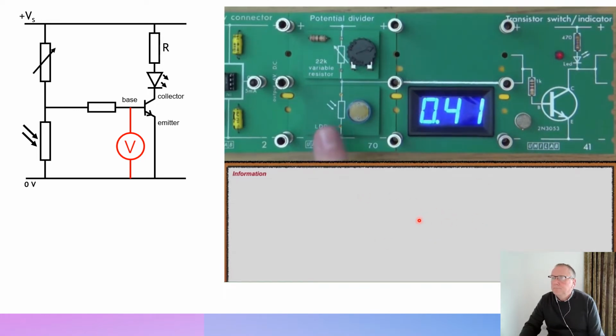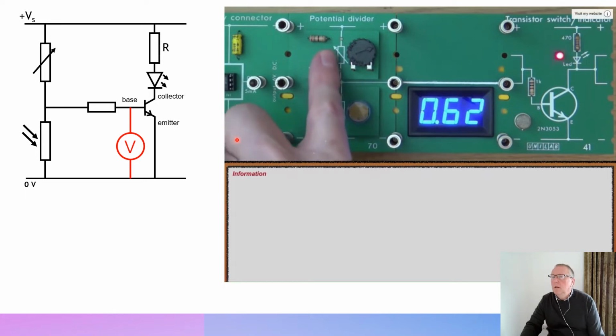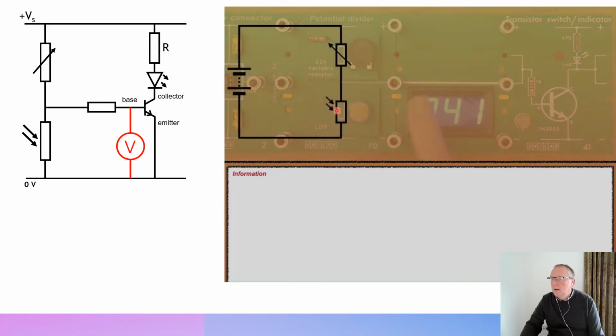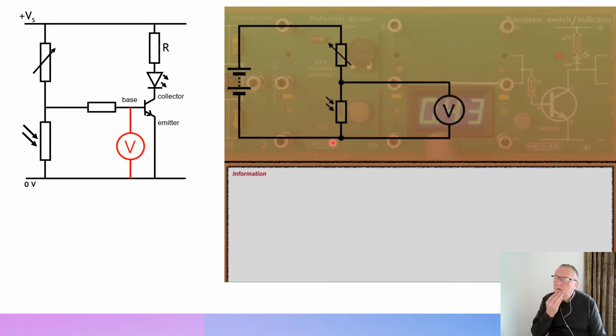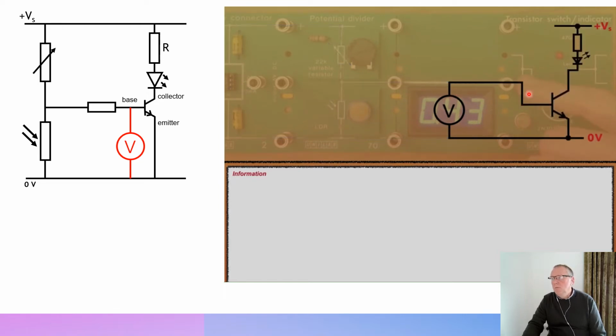Okay, so just to repeat that, this is your input voltage here, and then we have a voltage divider with the variable resistor in the top half and the LDR in the bottom half, and then we've got a voltmeter, and as I hinted in the previous videos, this voltage across the bottom half of the voltage divider is the crucial one, because this voltage is going to be the input voltage to the transistor.